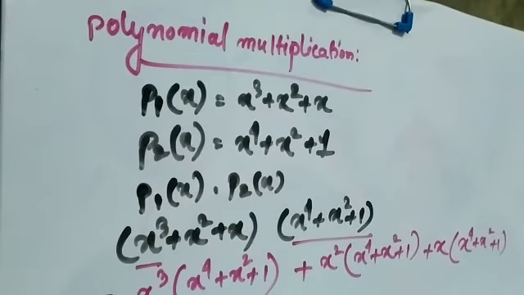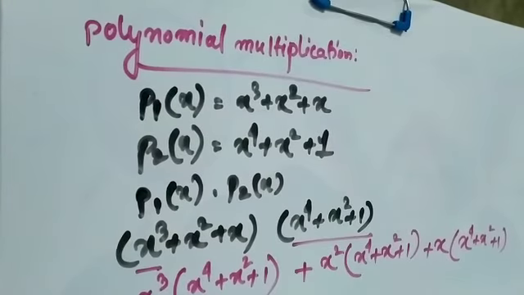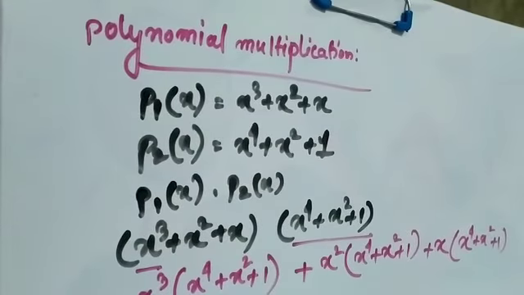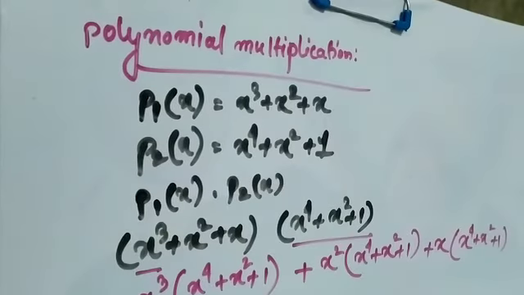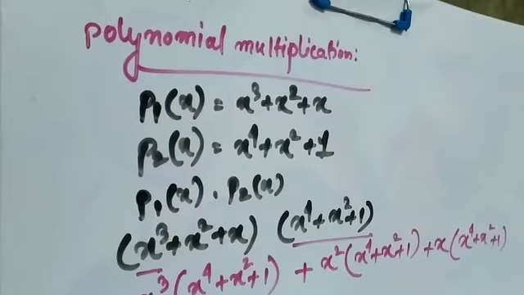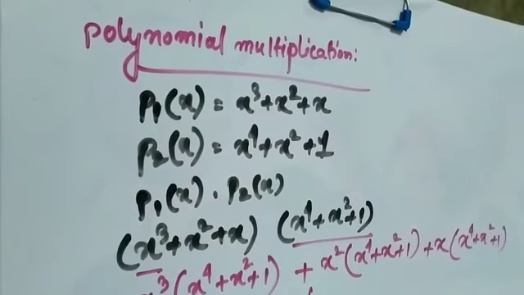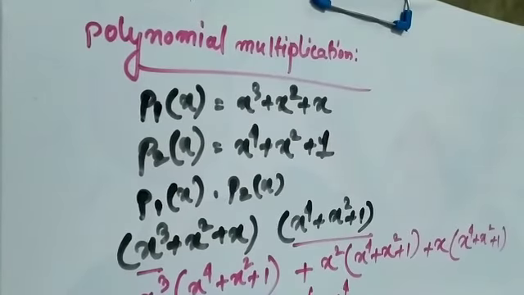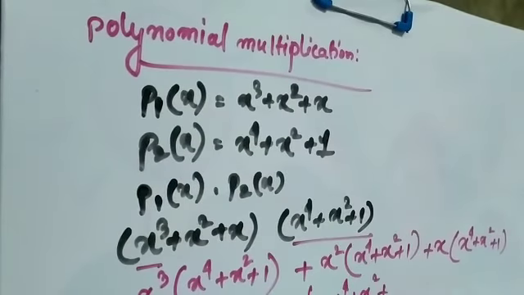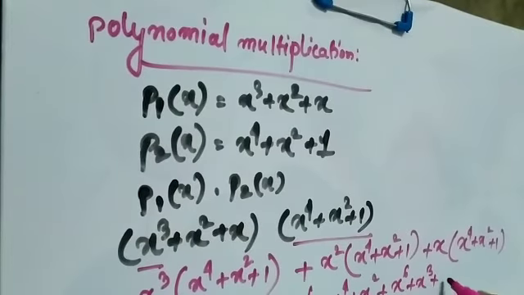So when x cube is multiplied by x to the power 4, it will be x to the power 7 plus, we have to add plus. So x cube is again multiplied with x square, so it is x to the power 5, and the last one is x cube, as 1 is here. Again we add plus, and x square is multiplied with x to the power 4. So I write x to the power 6. Similarly x to the power 4 and x square. Again for the third case it is x to the power 6, x cube and x.